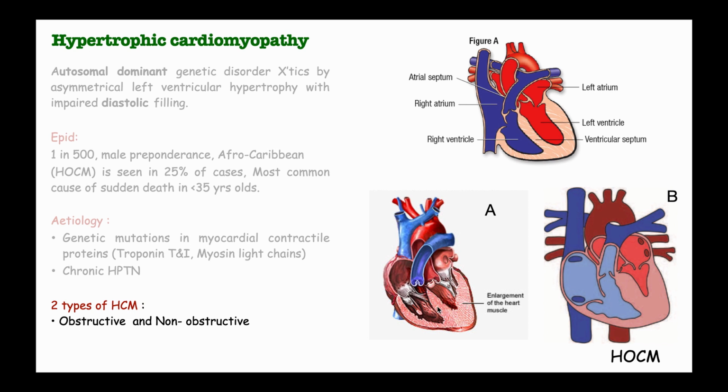And because of the enlargement of the muscles of the left ventricle, we see that the chamber of the left ventricle here is reduced. Because of this, little amount of blood enters it from the left atrium. And so the left atrium is unable to empty its content completely into the left ventricle because there is no space to accommodate all of them.